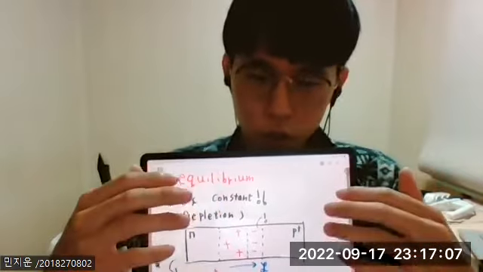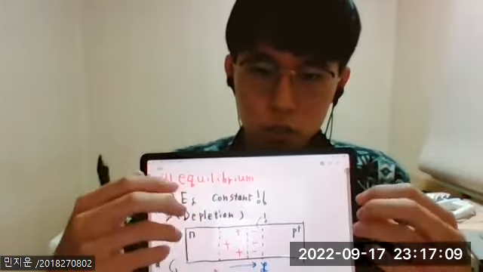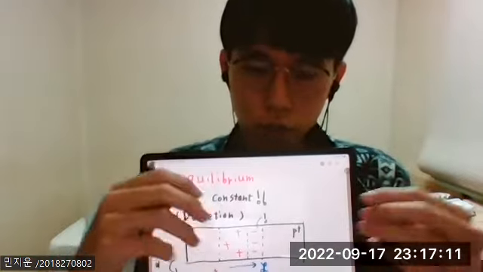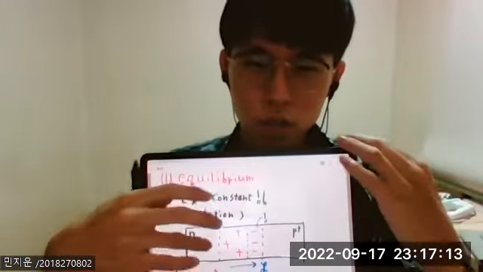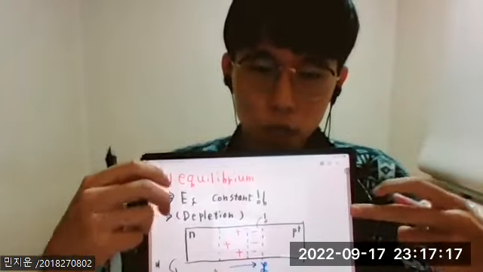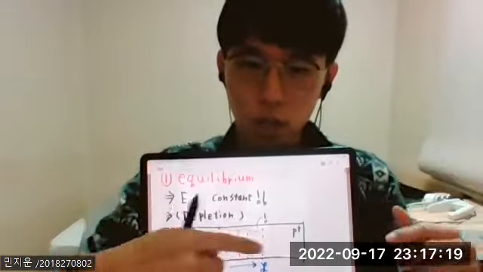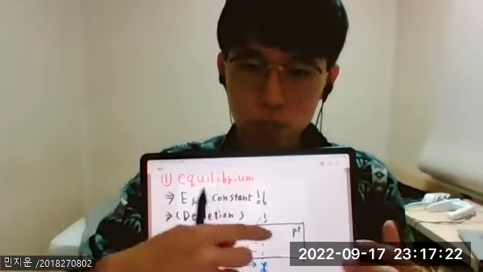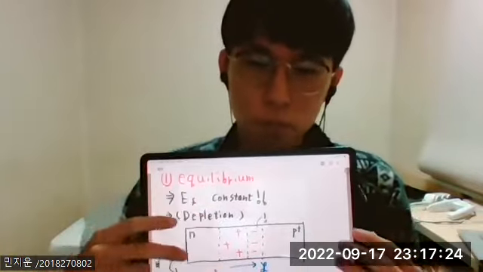After the contact, the carriers do not move, so the Fermi level is constant across the n-type and p-type junction.